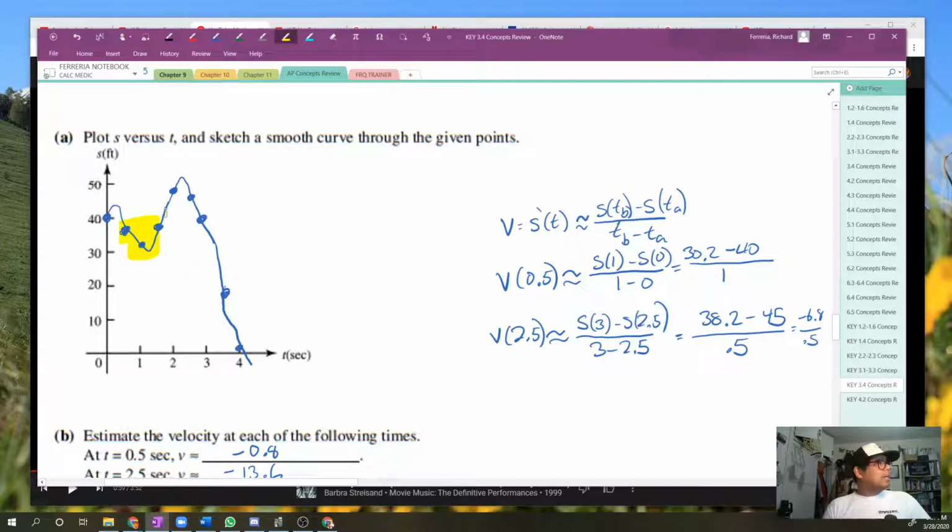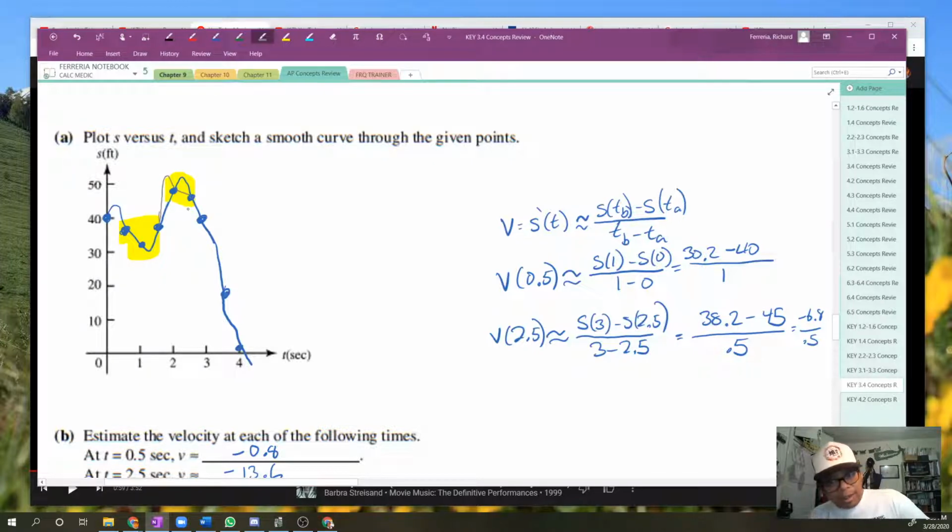Also, someplace between, well, let's actually go about it a different way. You might be tempted, based on my graph, to say that it has to be someplace between t equals 2 and t equals 2.5. And that's not exactly true either, because remember, we could have drawn this where the peak was on that side.